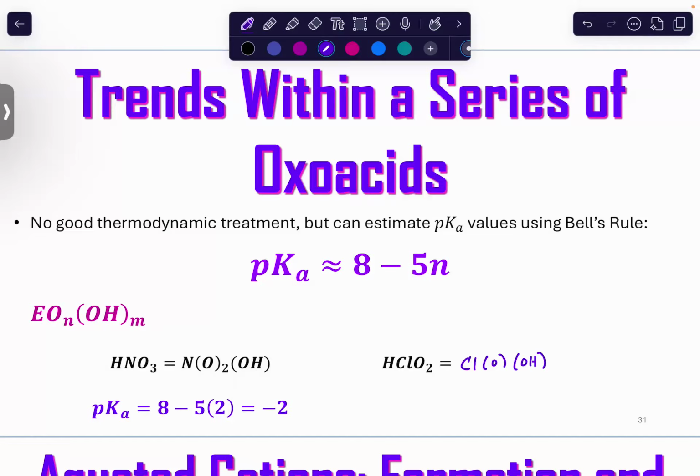And so since you technically have a value of 1 down here, your pKa will be about 8 minus 5 times 1, or 3. And you know that HClO2 is a weak acid. So this trend and Bell's rule can be very helpful in trying to estimate the strength of the oxoacids that you're working with.